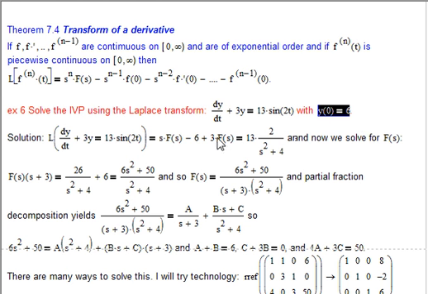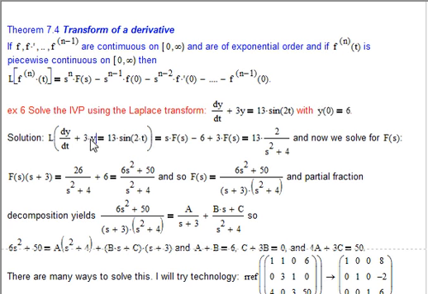Maybe I should have used y for these, but I didn't. And then plus 3 times the transform of y, which I'm calling F(s), and that equals 13 times the transform of sine of 2t. Well, that's 13 times 2 over s squared plus 4. You can get that from a table. And so now what we need to do is solve that for F(s).